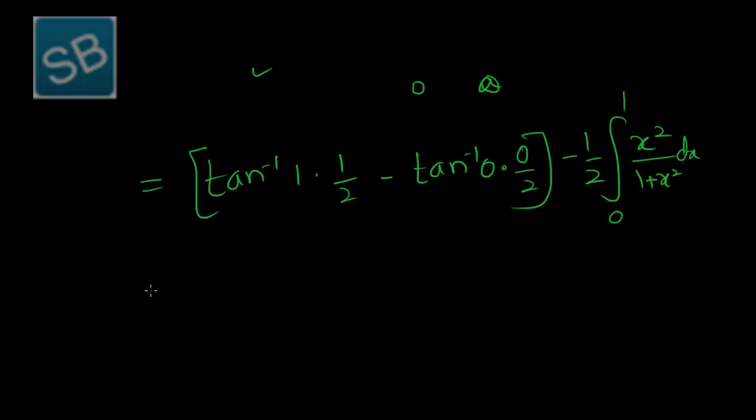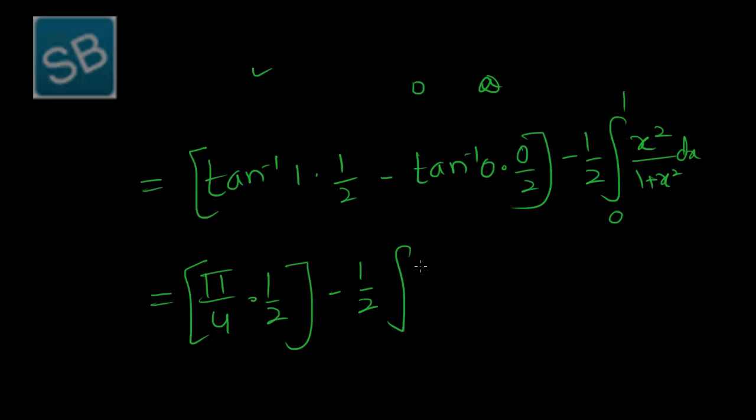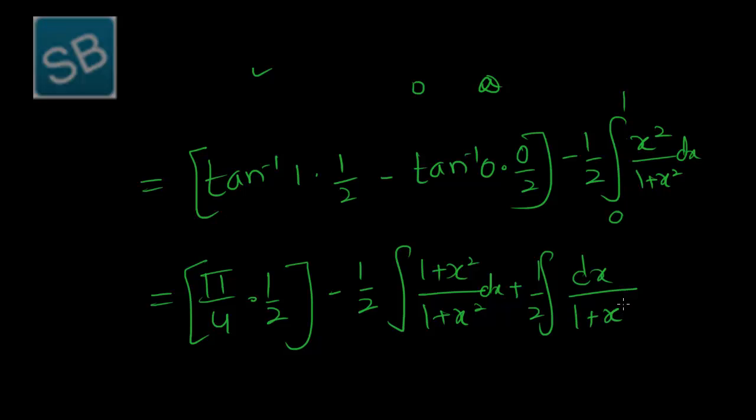So in the first part we get tan inverse 1 is pi by 4 into half, 0 into something is 0, and next, that is half, we will add and subtract 1 to get the same denominator, and we get half of (1 plus x square minus 1) over 1 plus x square. You are familiar with all these steps as we have done so many types of integration in the previous chapter as well as in this chapter.